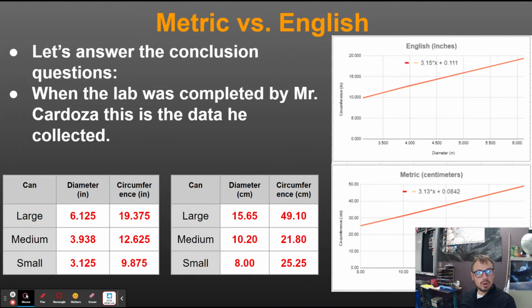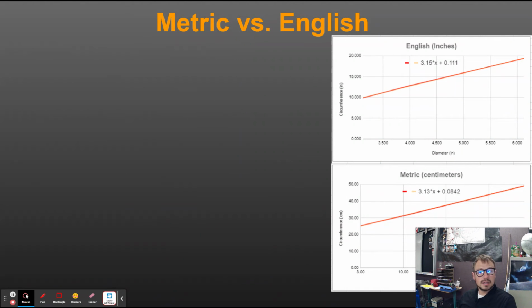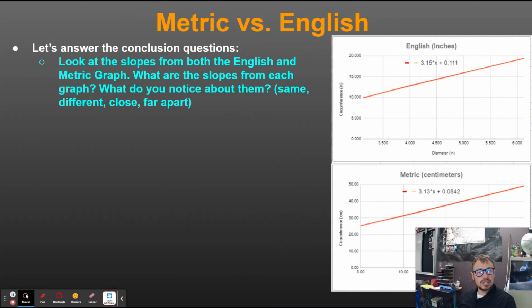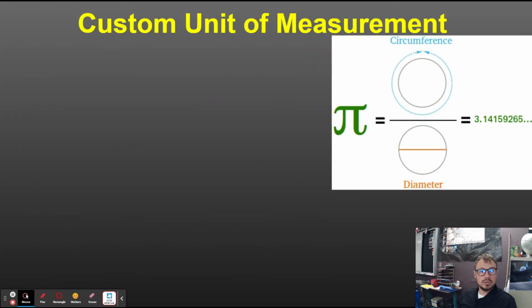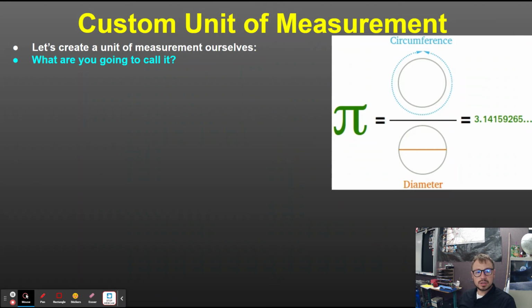In each of those, the slope is just pi. That's not going to change based on what type of measurement we're using. It doesn't matter whether we're using the English side or the metric side, the ratio of circumference to diameter is always going to be pi.